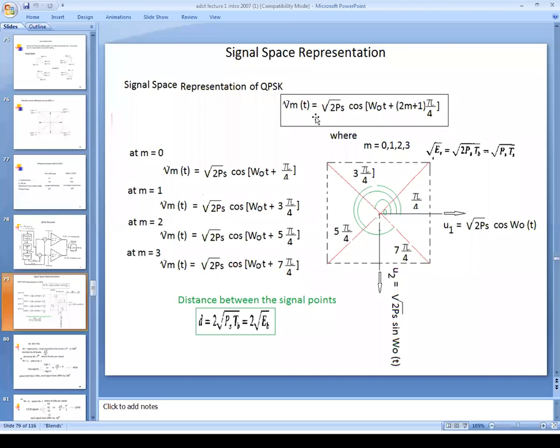Signal space: let the signal be s_m(t) equal to root 2Ps cos(omega naught t plus (2m plus 1) pi by 4), is it not?